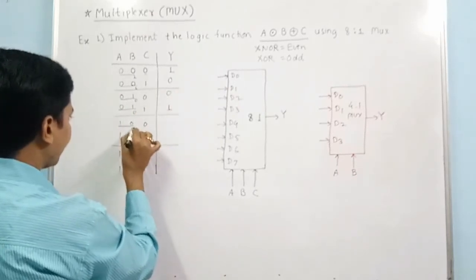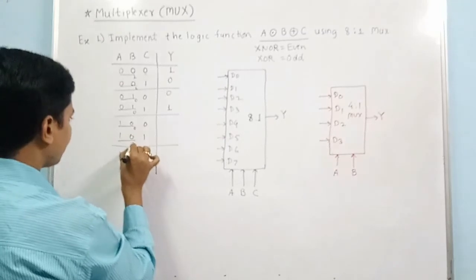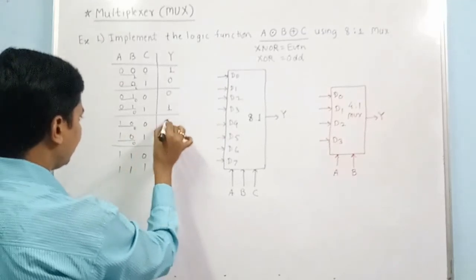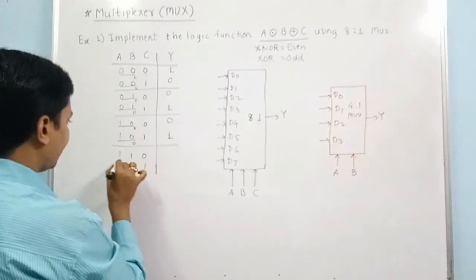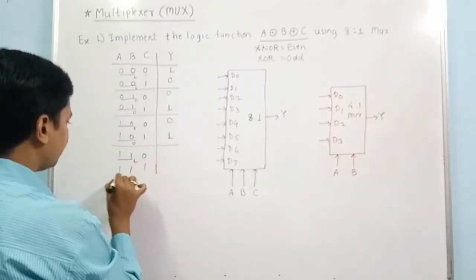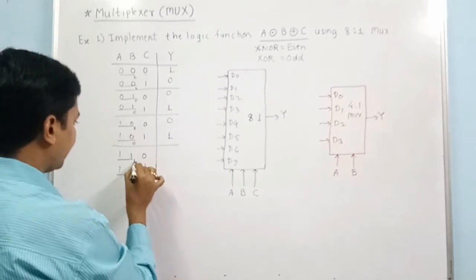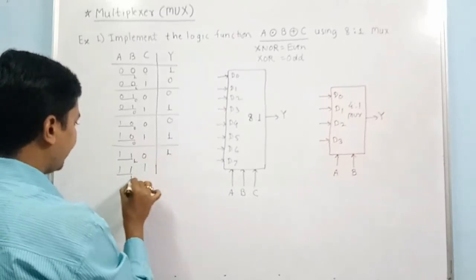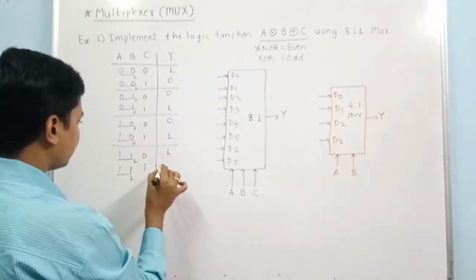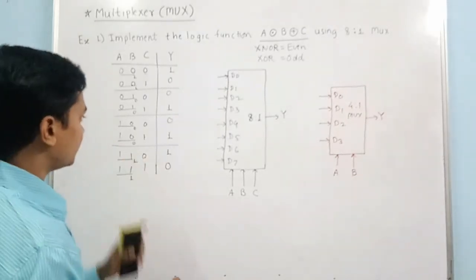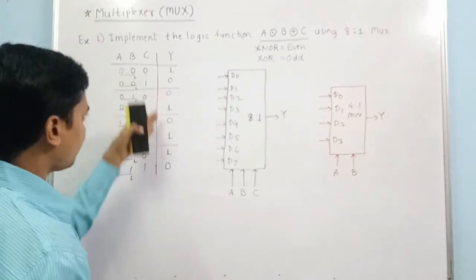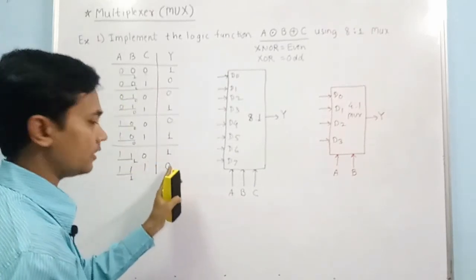Then 1 0 XNOR gives you 0, and 0 XORing with 0 is 0, 0 XORing with 1 is 1. Then 1 1 XNOR gives you 1, and 1 XOR with 0 is 1, 1 XOR with 1 is 0. Okay, so this is the output of a multiplexer that we have to implement.